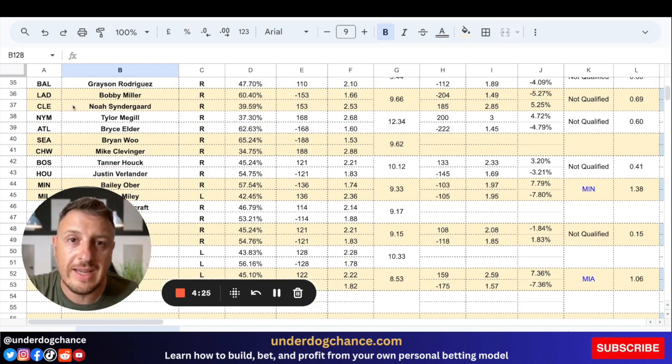I would also not take Cleveland, but this information suggests that there is no value with Dodgers if you want to play them. But the most important information is that Dodgers is not a qualified bet. They are overrated in this game. Maybe small value with Cleveland, but still not good enough. Most important thing is that you stay away from the Dodgers.